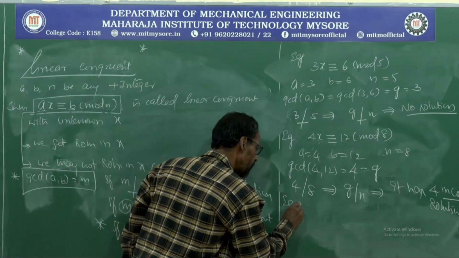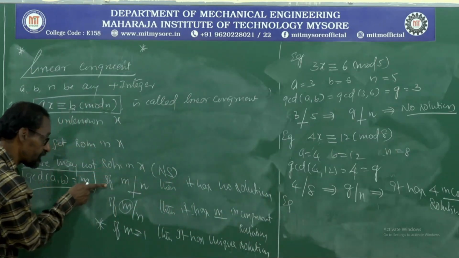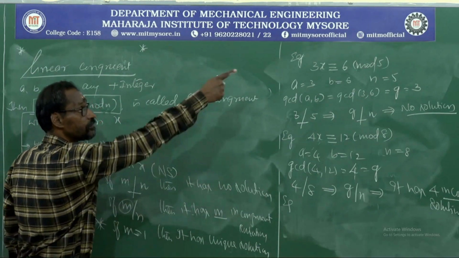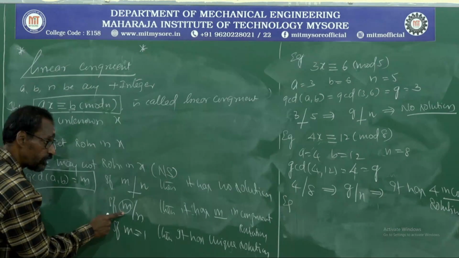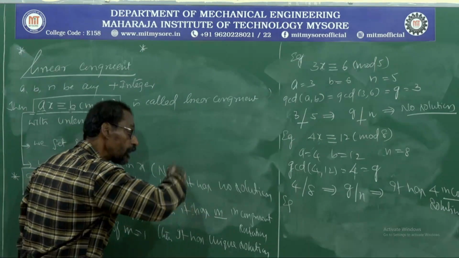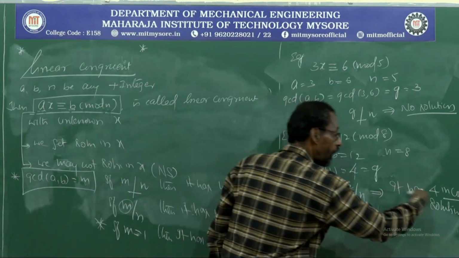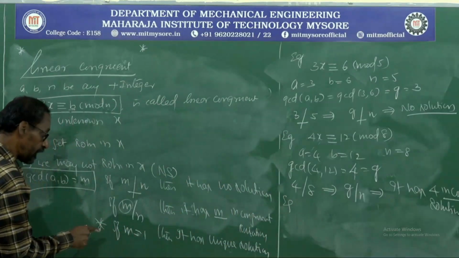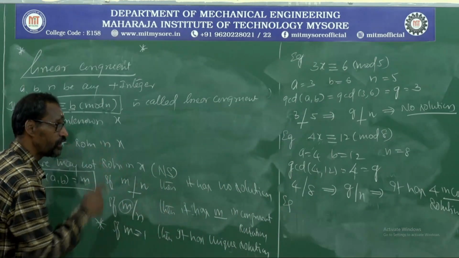I will go with example number 1. See, I have 3 possible cases. One is no solution. Already I took a case. The second one is having M incongruent solutions. I took a case. Now I should go with a case where it has a unique solution.